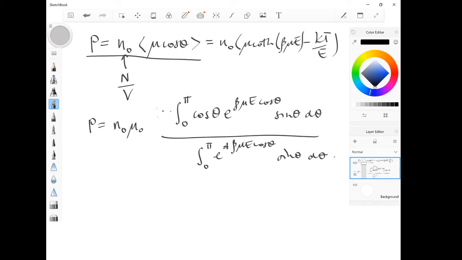Alright, so that's basically back to where we were when we were halfway through finding the partition function. I've integrated over every other variable but theta.